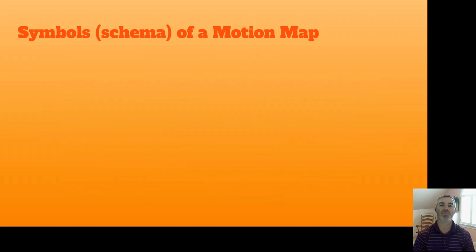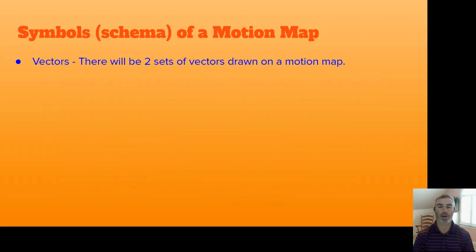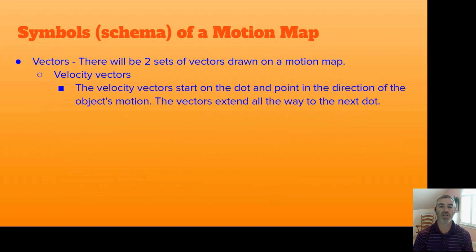So there are also going to be two sets of vectors that we're going to draw on a motion map. The first set of vectors is going to represent the velocity, and those are going to be the velocity vectors. The velocity vectors are also going to have defined length and direction, and each starts on the dot and points away, showing the object's direction of motion. And the vector should extend all the way to the next dot.